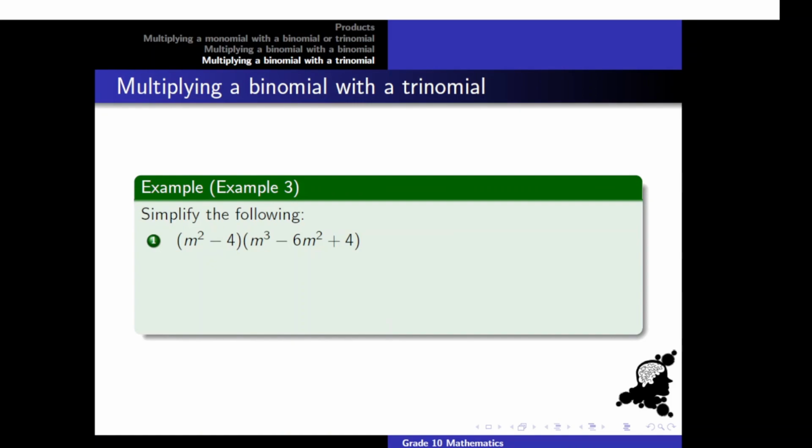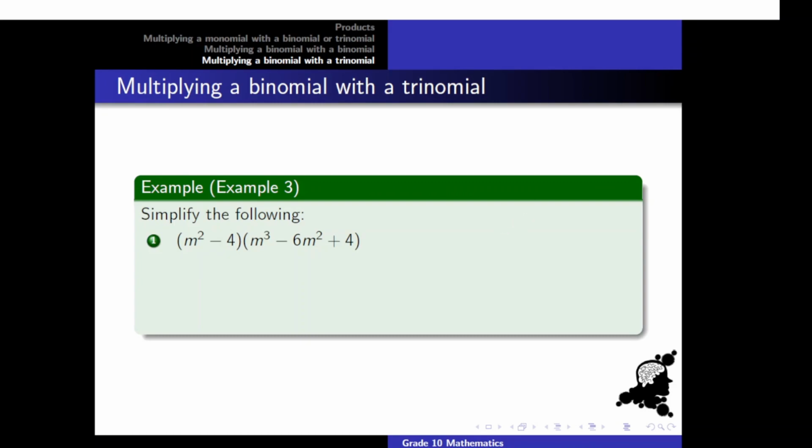Okay, you will notice now that we have an increasing level of difficulty because it's no longer a setup in which we have the same number of terms in each bracket. This is not multiplying a monomial or a binomial.